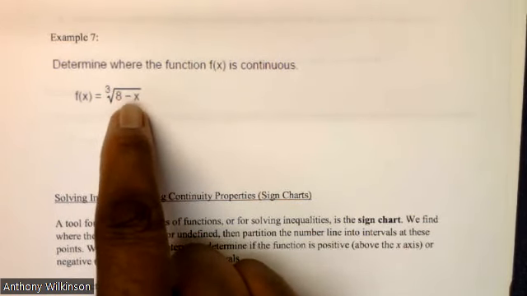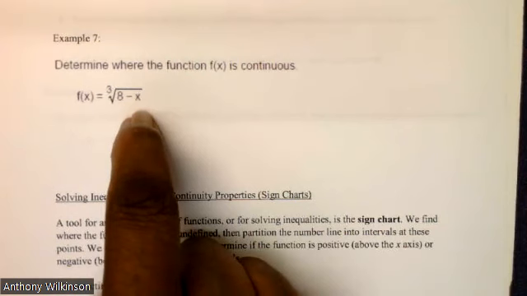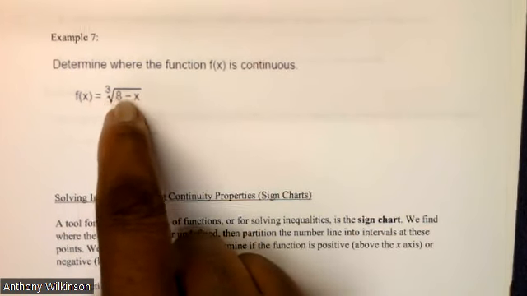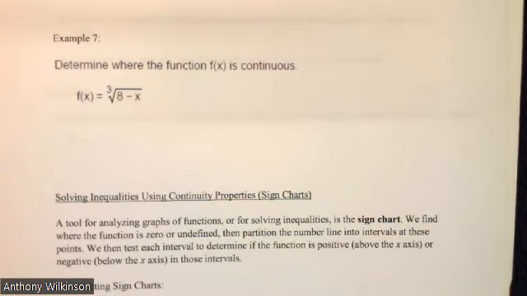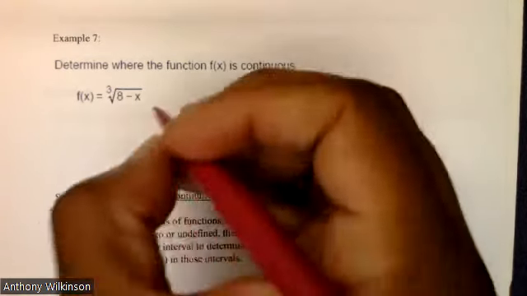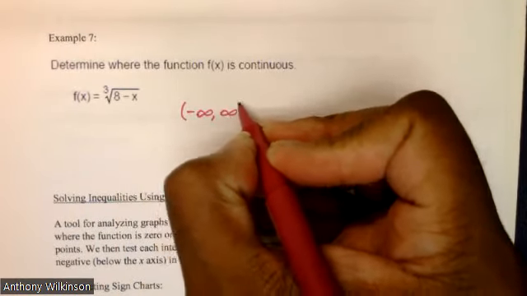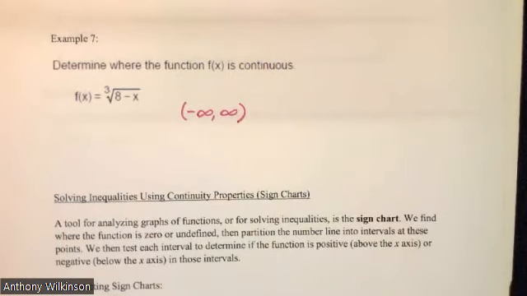That 8 minus x is continuous everywhere. Every x value that you assign to it, you're always going to get an f of x value for it. And the cube root will always be either positive or negative or 0. So in this case, the domain is simply going to be negative infinity onto infinity.